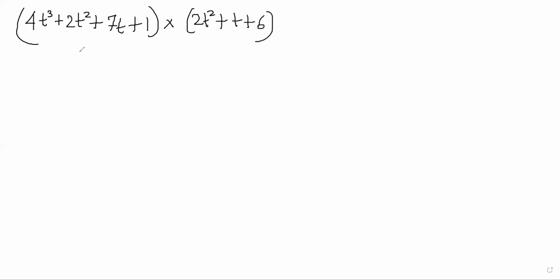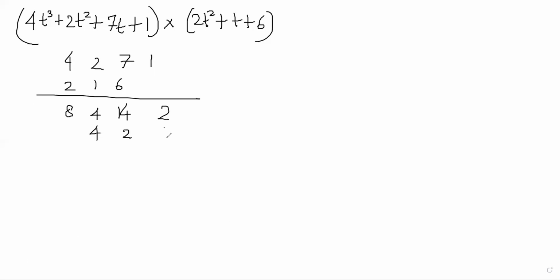So let's say you have to multiply these polynomials, right? 4t cube plus 2t square plus 7t plus 1, and I will multiply this with 2t square plus t plus 6. Now you can try it with your method. I will try it with my method, and you can check, compare speeds. So you can say 8, 4, 14, 2, 4, 2, 7, 1, 24, 12, 42, 6.